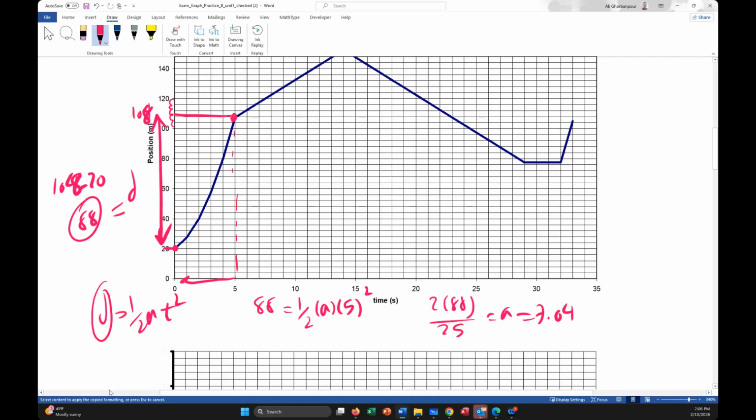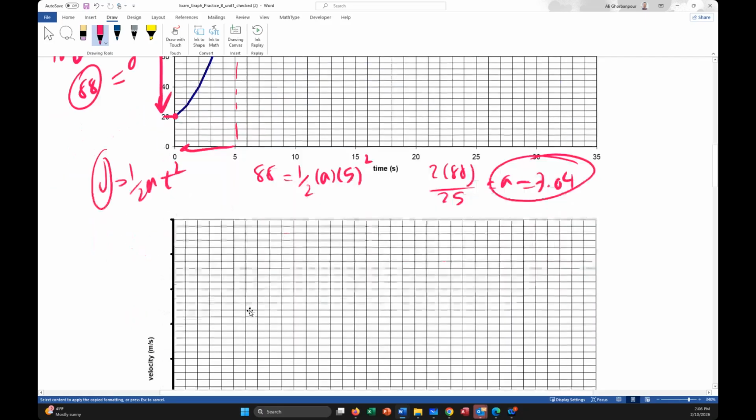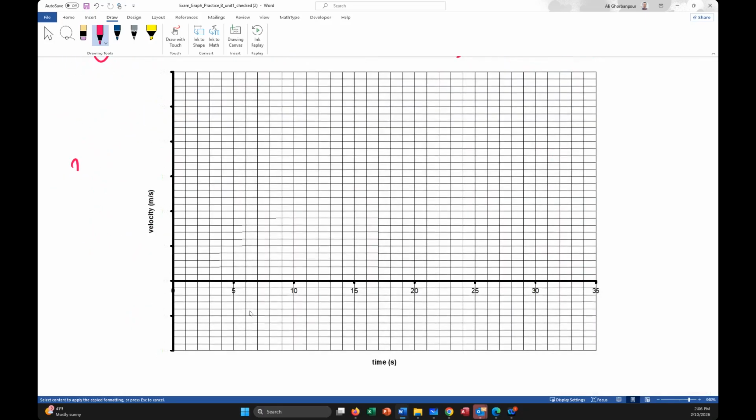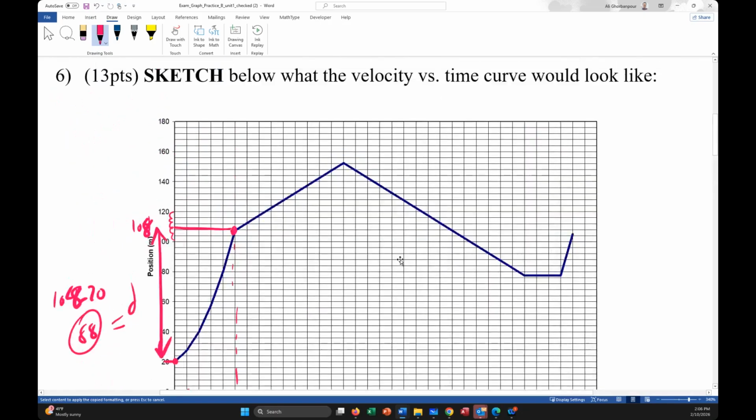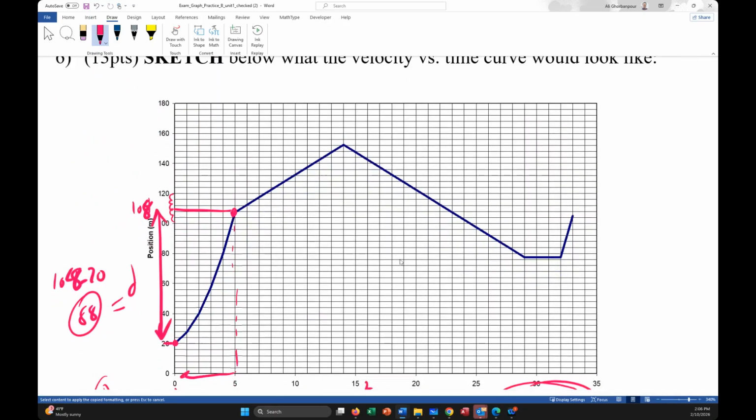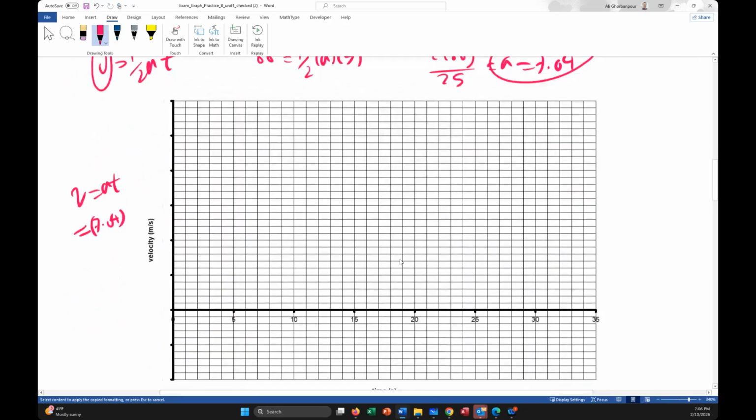Good. How can I find the velocity then? The velocity formula was v equals a times t. What was the acceleration? 7.04. What is the time? 5 seconds. Multiply this by 5.